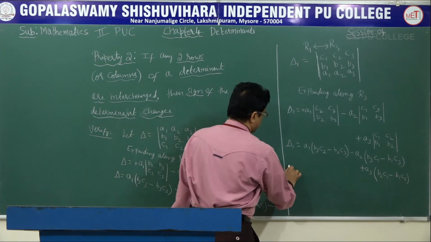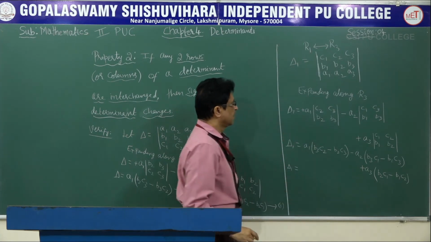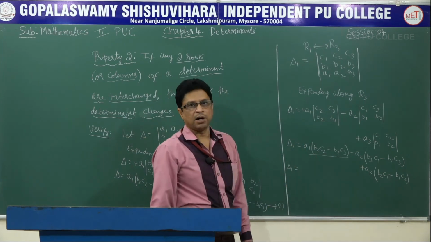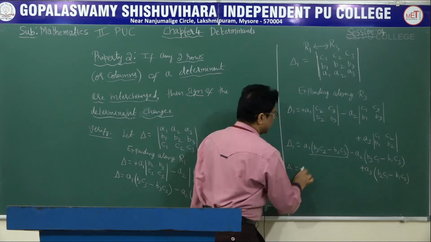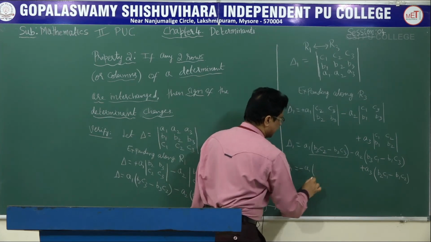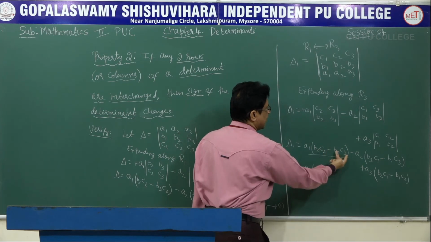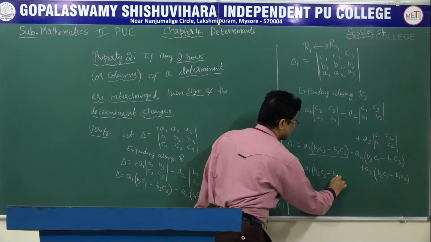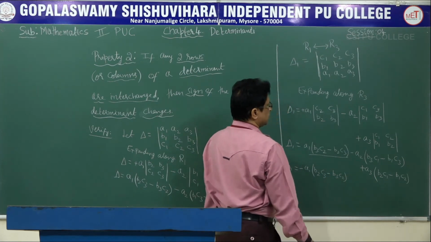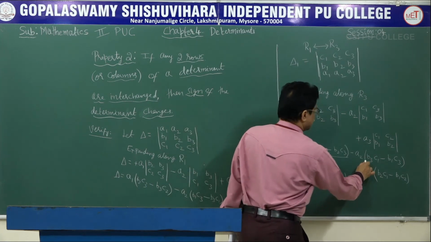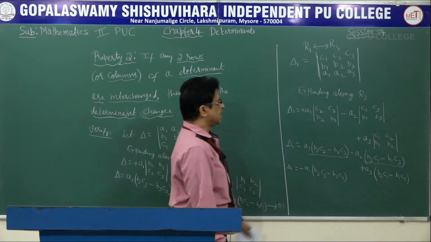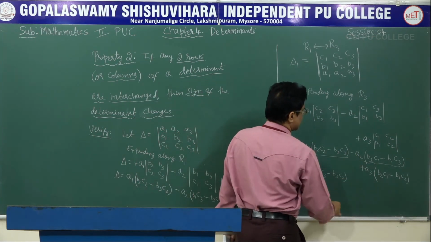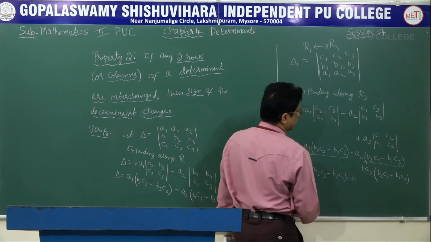So now here in the first factor we take minus common. So we have, if you take minus common, minus A1 into, these two terms interchange, that is B2 C3 minus B3 C2. Once again in the next factor we take minus common. Already minus exists there, I take minus common.